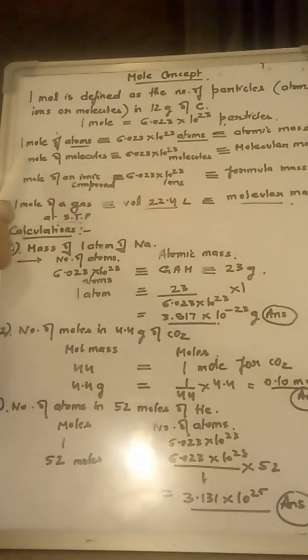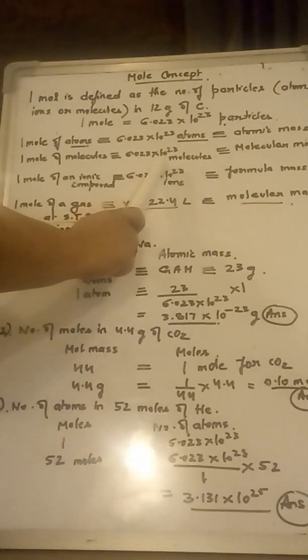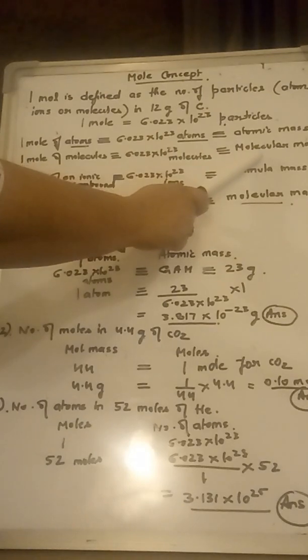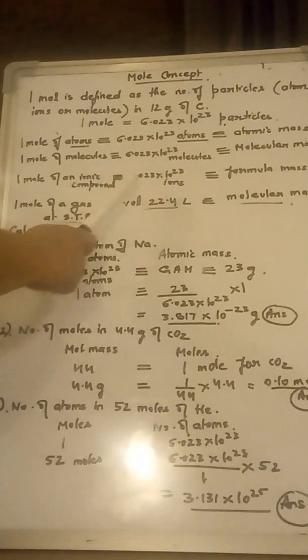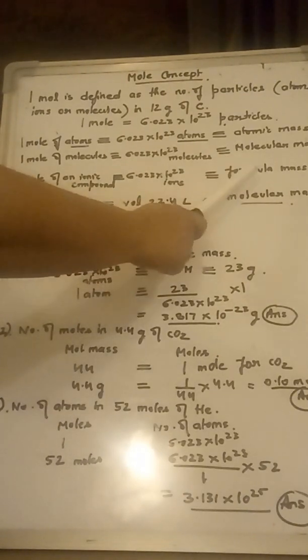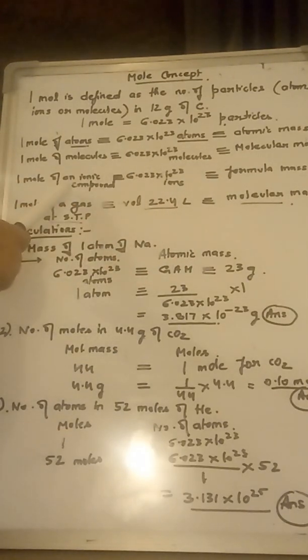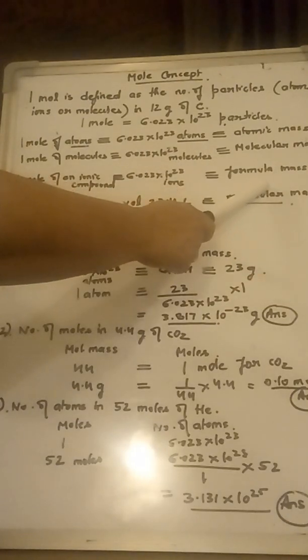If we talk about molecules, then 1 mole of molecules has 6.023 into 10 to the power 23 molecules and has mass equal to its molecular mass. Similarly, for an ionic compound, 1 mole has Avogadro's number of ions and the mass is equal to its formula mass. Remember, for an ionic compound, the molecular mass is actually its formula mass.